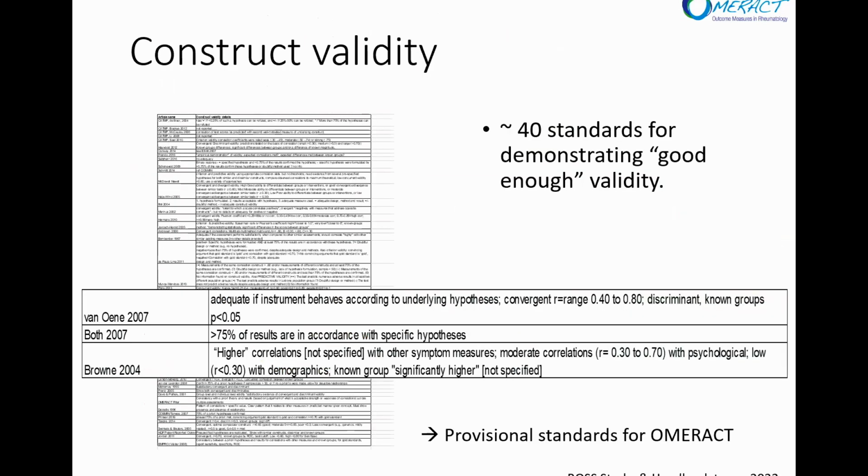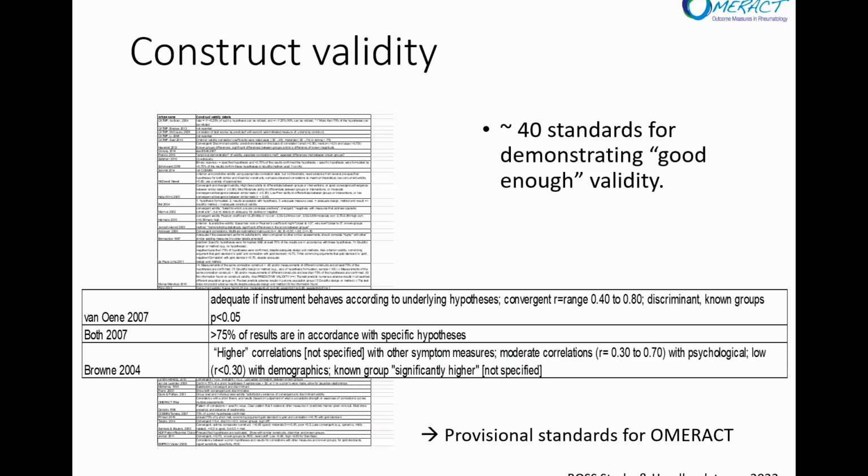So to decide on the provisional standards, we did a review of the systematic reviews that had been done in the literature, and this is in conjunction with a group called the BOSS Group, Best Outcome Selection Study Group, that's based in Toronto. And we did a review to say what are the standards for construct validity, and for all the measurement properties.